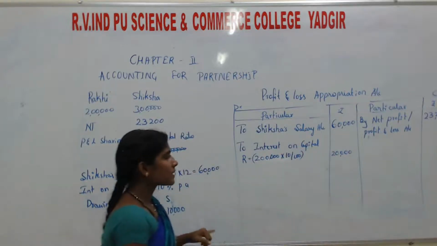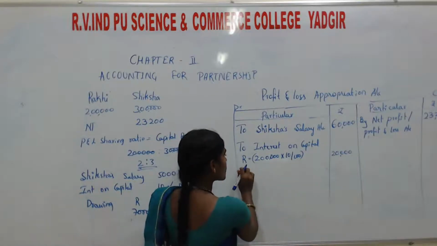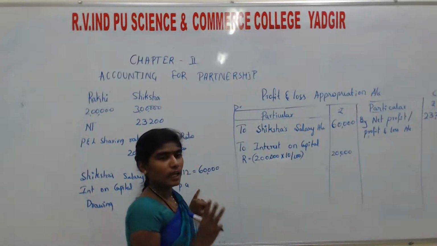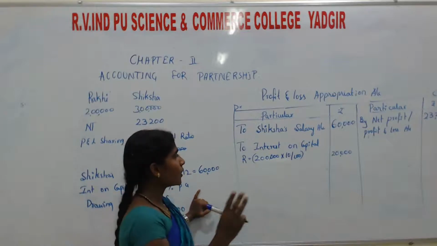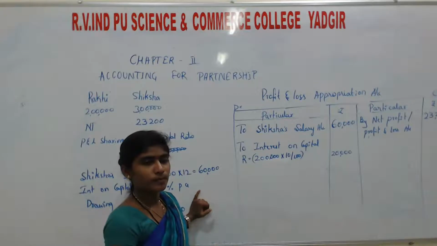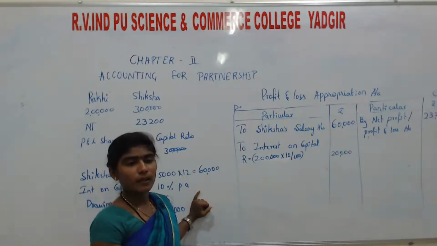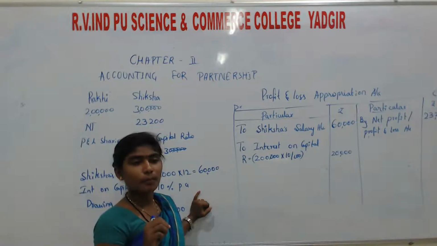And Shiksha's capital amount is 3 lakh, the contribution by Shiksha towards the firm. On that 3 lakh, the firm pays interest at 10%.